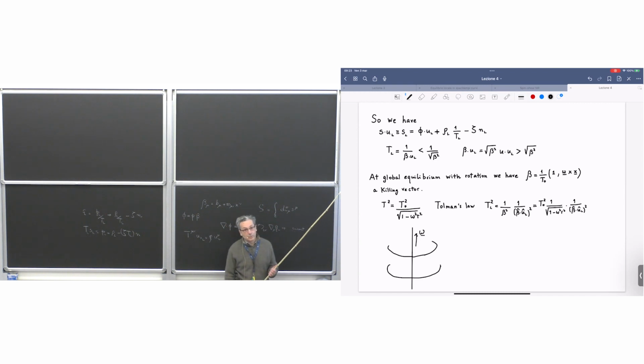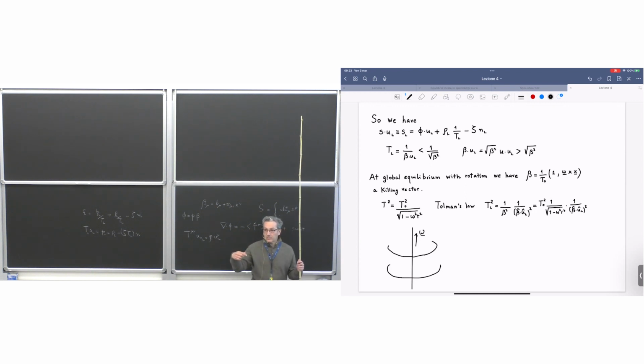I can show this example. At global equilibrium with rotation, this beta is a Killing vector, can be written as 1 over T_0 times (1, omega vector product x). This is a rigid velocity field. It corresponds to a fluid which rotates rigidly around a symmetry axis.